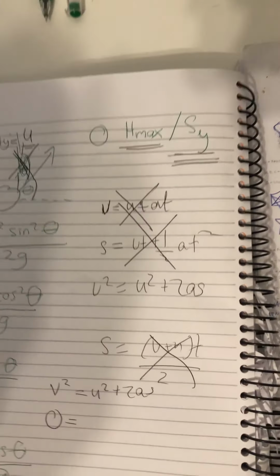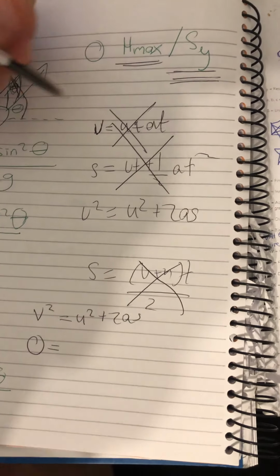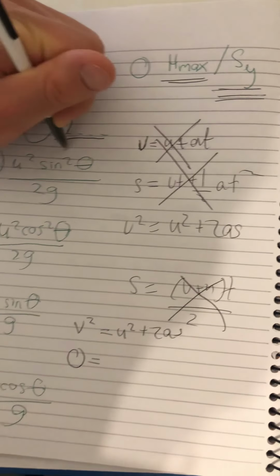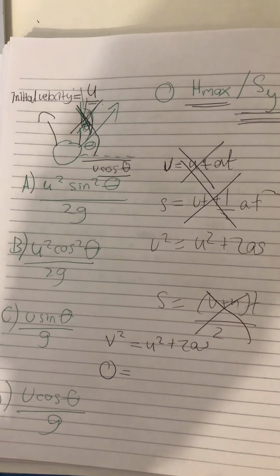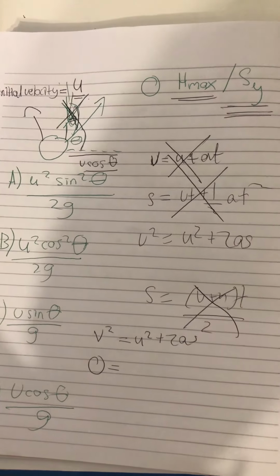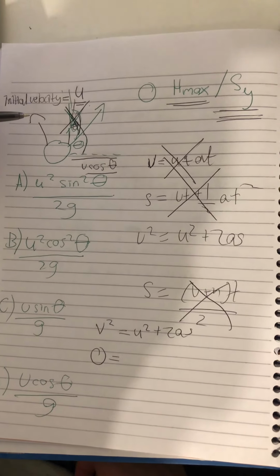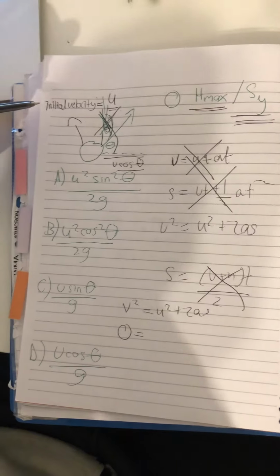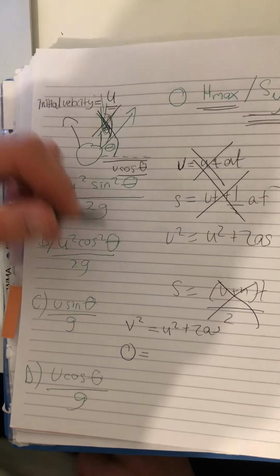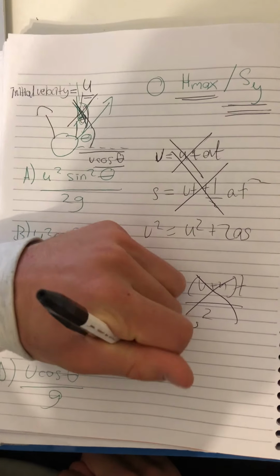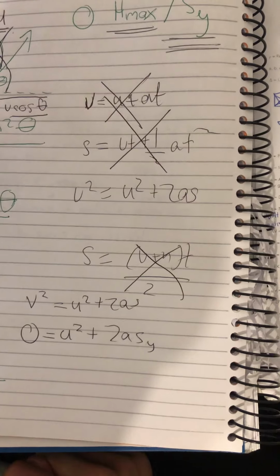Therefore, I'm gonna ignore u cosine theta, which is this component, and it's concerned with the horizontal displacement, Sx. And I'm gonna concern my question with u sine theta, because this is the vertical component. Remember 1.3 vectors.